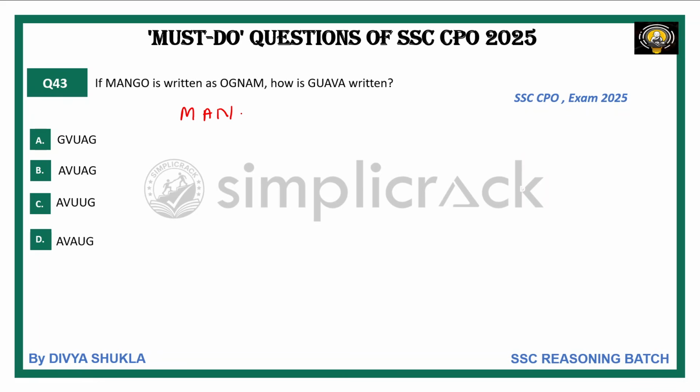If mango is written as OGNAM, how is guava written? Now understand, if you reverse mango, you get OGNAM. So what is the logic? Reverse the letters.